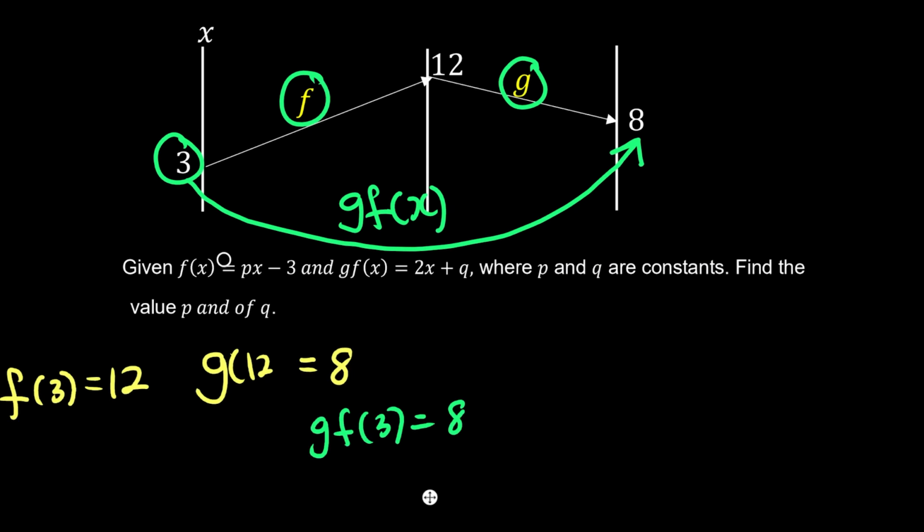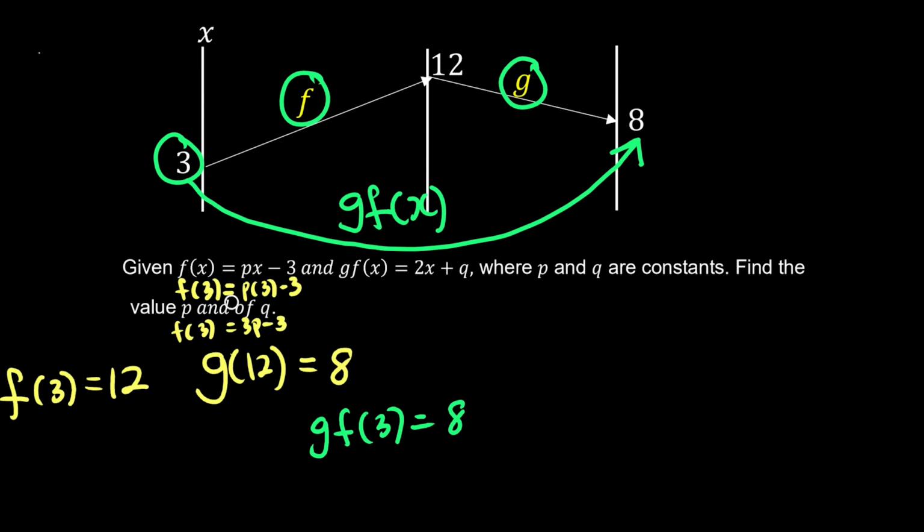Now they say that the function f(x) is the same as px minus 3. So we just substitute this and compare with whatever they gave us. Now x is no longer unknown because we know it's 3. So let us try it now. f(3) is equal to p times 3 minus 3, which is equivalent to 3p minus 3.